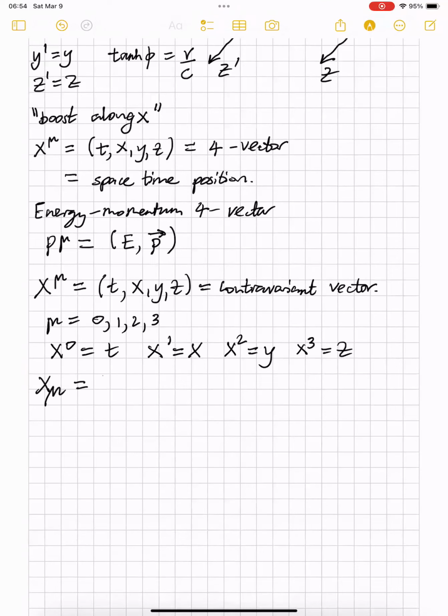There's also a vector with an index which is down. The vector with the index down is t comma minus x, so that means t, minus x, minus y, minus z, and we call this a covariant vector.